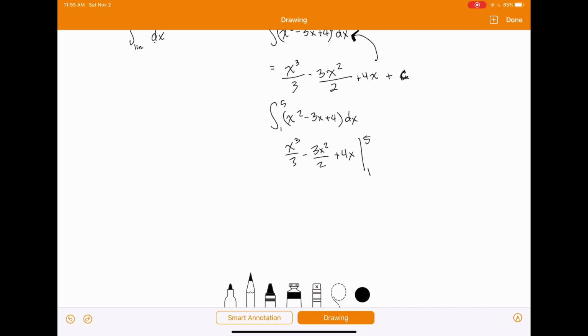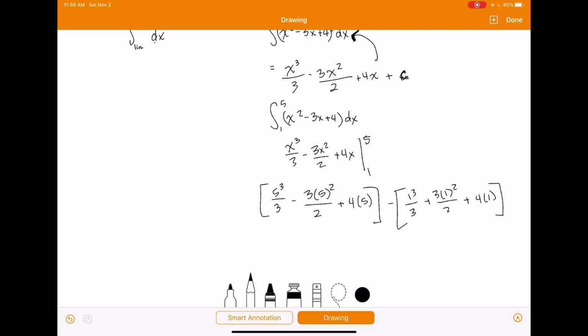So this is going to look something like 5 cubed over 3 minus 3 times 5 squared over 2 plus 4 times 5. Subtract, now you plug in the 1, so 1 cubed over 3 minus 3 times 1 squared over 2 plus 4 times 1.